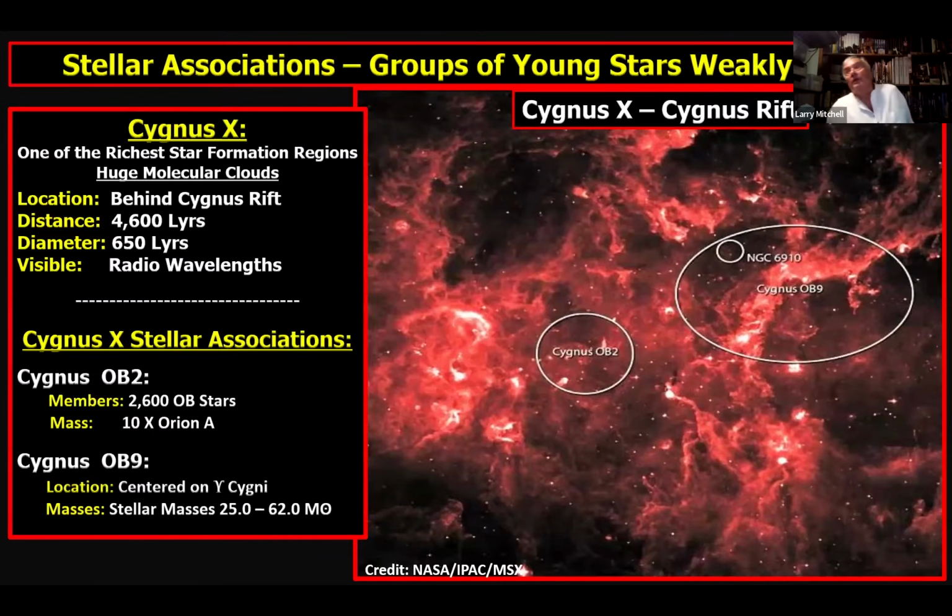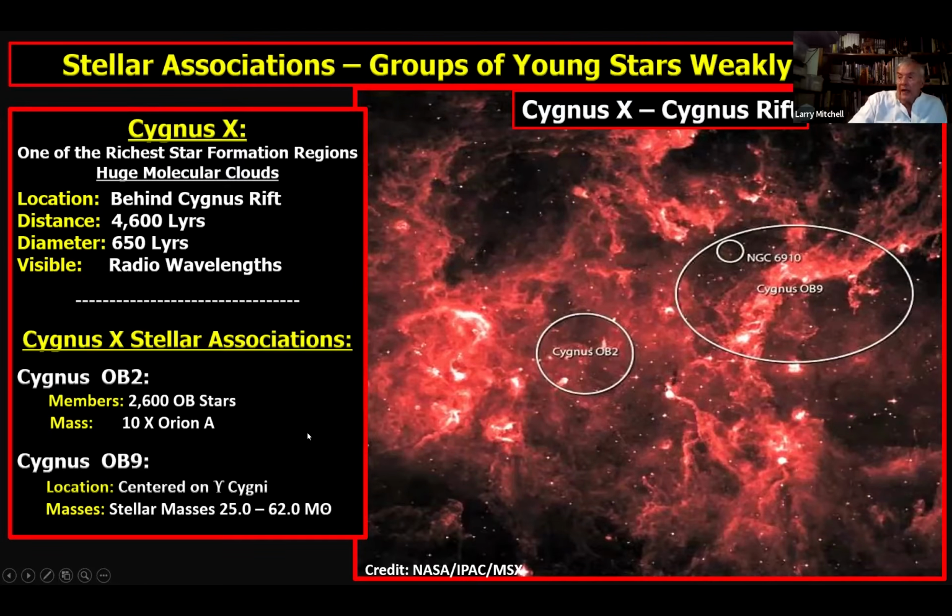Stellar associations. These are groupings of young stars that are weakly bound, or in some cases, they may not be bound at all. This is Cygnus X, which is located behind the Cygnus Rift. And this is one of the richest star formation regions in our Milky Way galaxy. There are two basically stellar associations, Cygnus OB2, which has a whopping 2,600 class O and class B stars, the most massive stars that we know of.